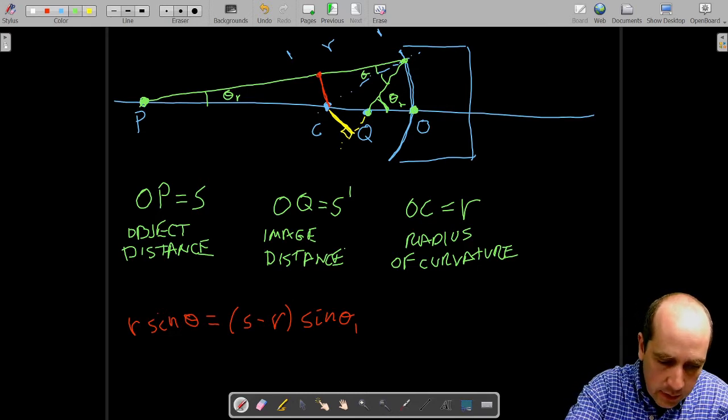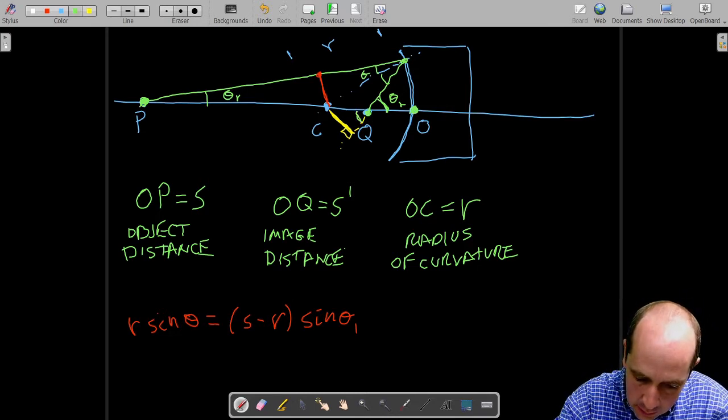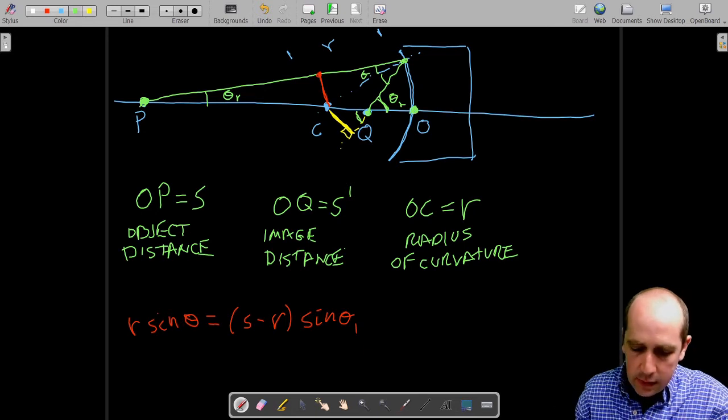And if you notice, this angle right there is the same as theta 2. So we have theta 2 there.